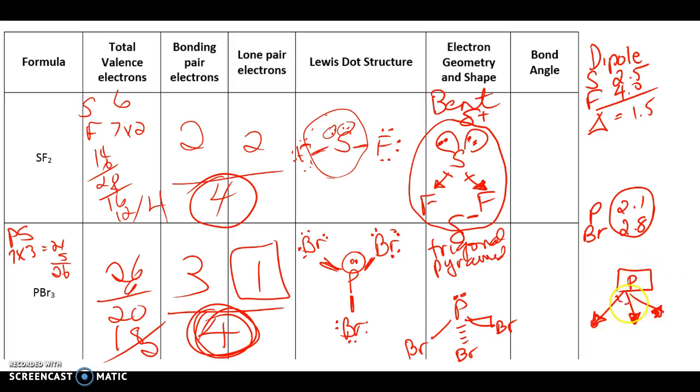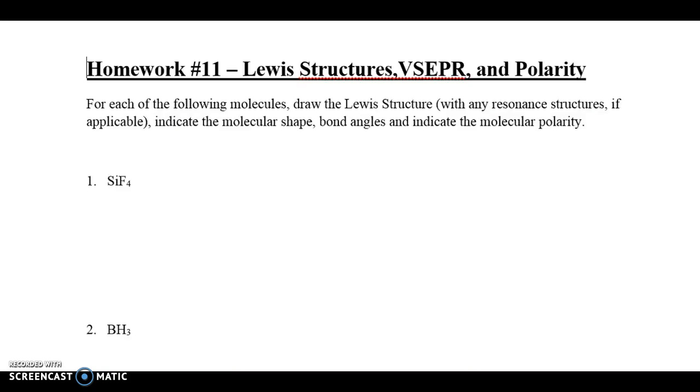So if the electrons are pulling toward the bromine and the molecule looks like this, the end of it that has the bromine is going to be partially negative. This end up here that has the phosphorus will be partially positive. So this molecule has a dipole. Now, while they weren't asking for it in this lab, we need to be able to decide if something has a dipole. Okay, let's move on.